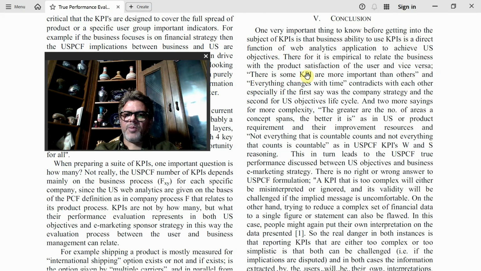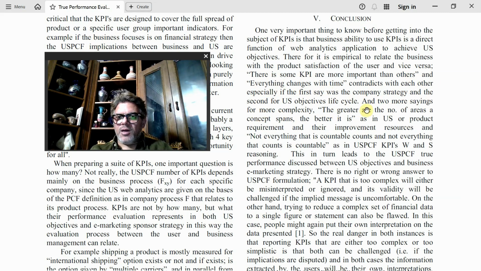Some KPIs are more important than the others, so I should have inference. And everything changes with time, dynamics contradict with each other, especially the company strategy and the user satisfaction objective life cycle. And two more sayings for more complexity.